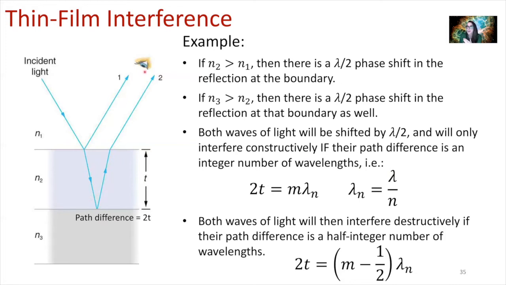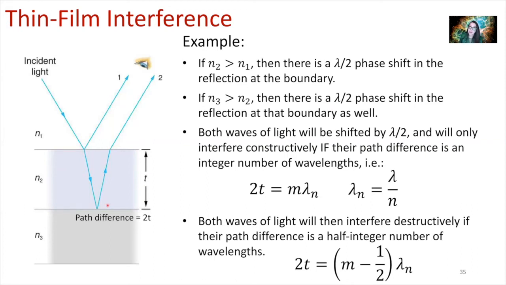And so it's the combination of these reflected waves that determine whether or not we have constructive or destructive interference. But then because of the indices of refraction, for this particular example, where we've got N1 is less than N2 is less than N3, then we have a pi/2 shift in the wave at both of these boundaries when the light gets reflected.